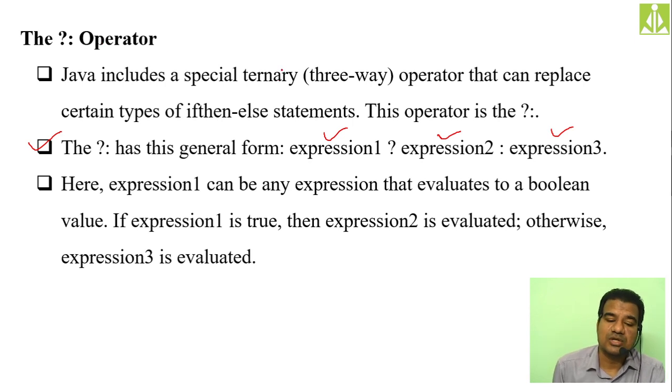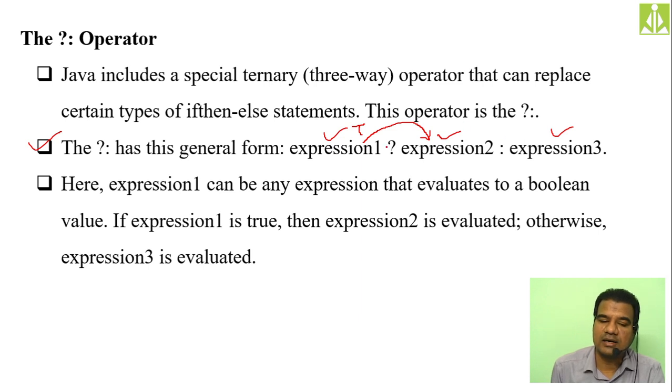Remember this one. So how will it operate? Basically, the first expression should always go to a boolean value. It should be like a condition. If this first expression results in true, the immediate expression will be evaluated, and the third expression, the last expression, will be ignored.